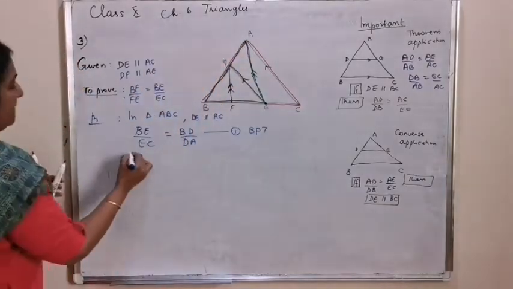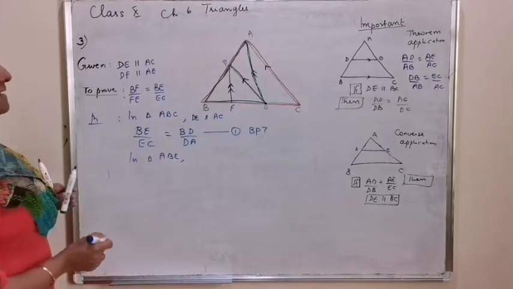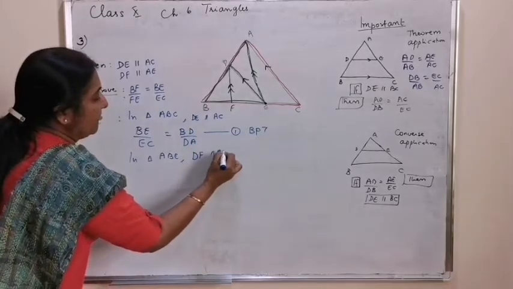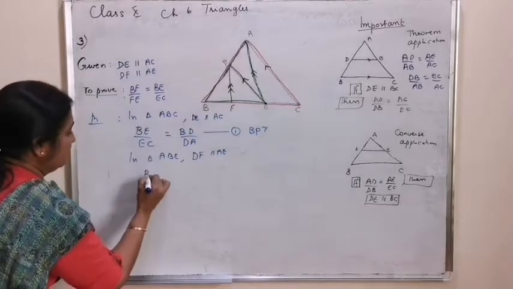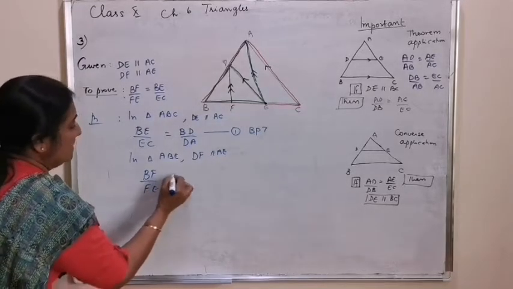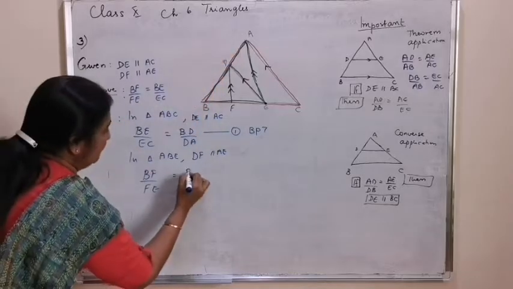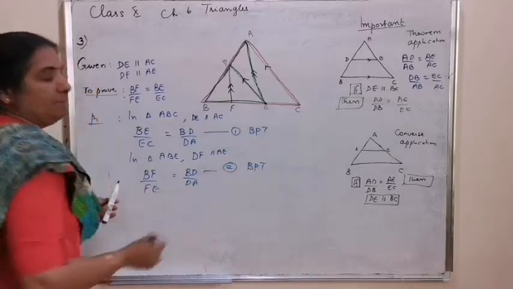In triangle ABE, or BEA, the line is DF parallel to AE. What will be the ratio? BF by FE is equal to, the ratio will be again BD by DA. Equation number 2, again the basic proportionality theorem.